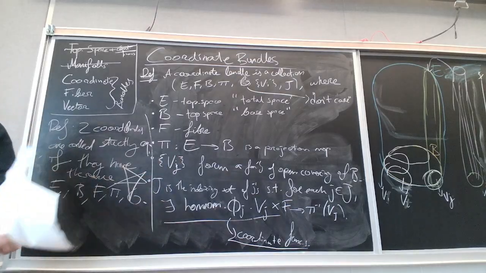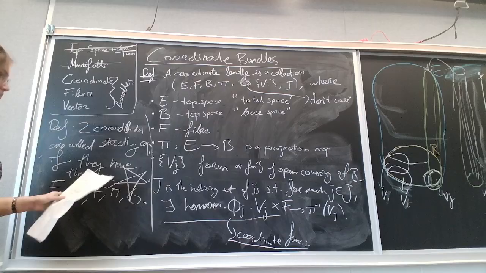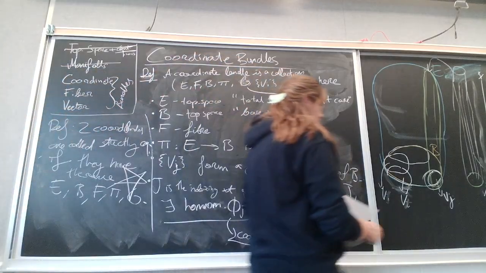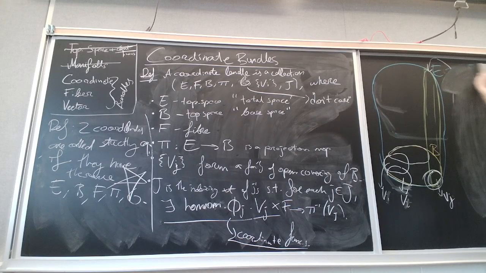So it works the same. It's the same kind of fiber that you're working with. Okay, and then we can say let's not care about coordinates, and let's look at the equivalence classes of coordinate bundles. I'm erasing this, but I will draw stuff soon.